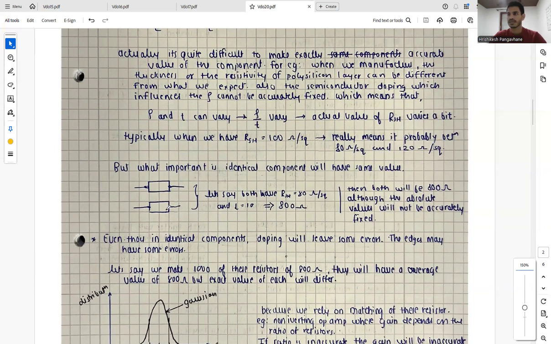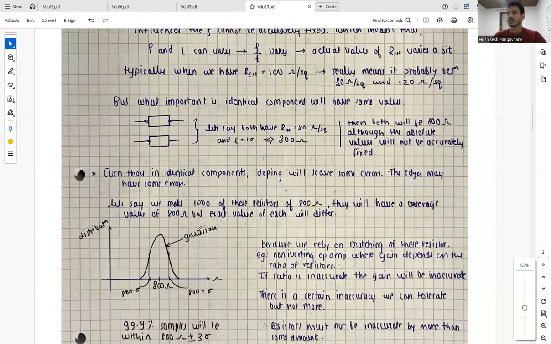Let's say we make thousands of resistors of 800 ohms. Not just two, we make a batch of 1000 resistors of 800 ohms. They will have an average value of 800 ohm, but the exact value of each and every resistor will differ a little bit, and that is due to the doping, which will leave some errors, and the edges may not be proper.